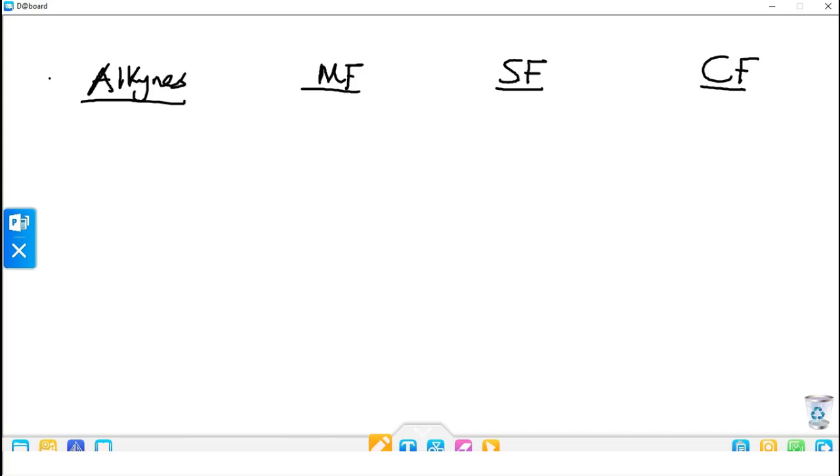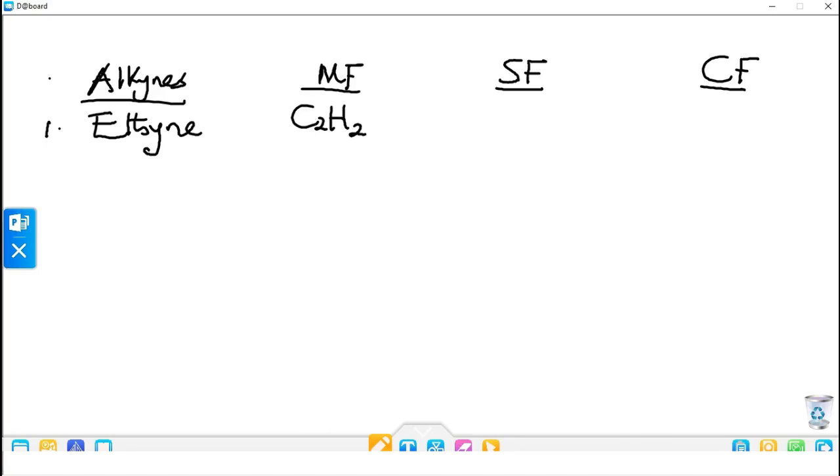So let's pick the first one, which is ethyne. We have ethyne, and the molecular formula for ethyne is C2H2.